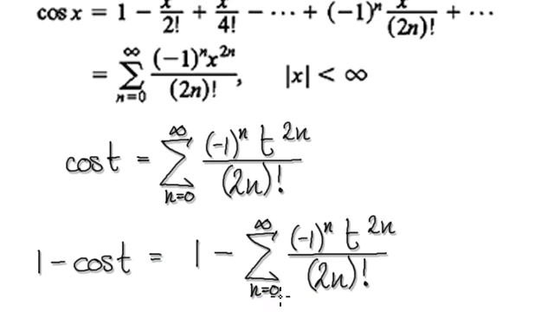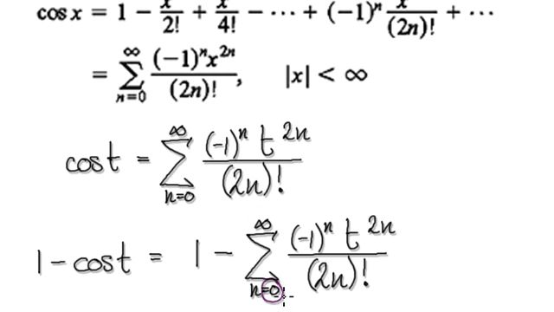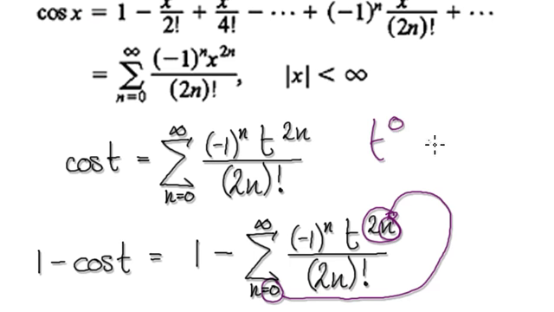When n equals 0, you see the first term of this. When n equals 0, the first term will be 1, and then this one here will cancel out with this. When n equals 0, put 0 into here: t to the power of 0, which will be 1. Anything to the power of 0 is 1.